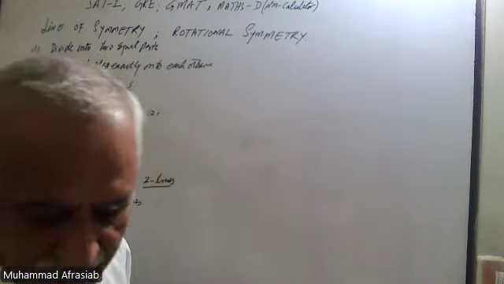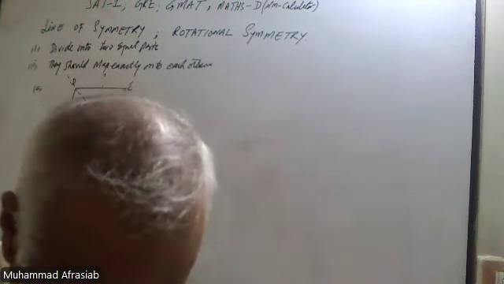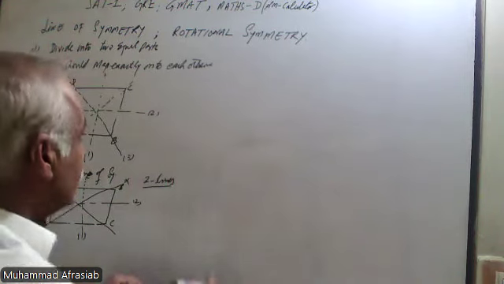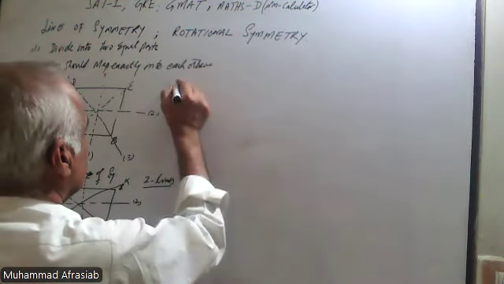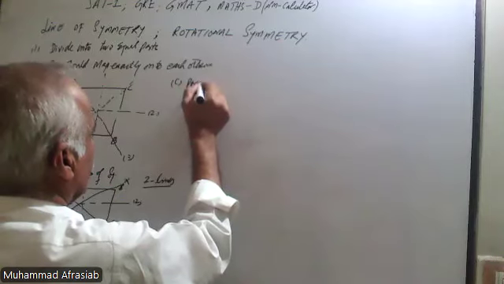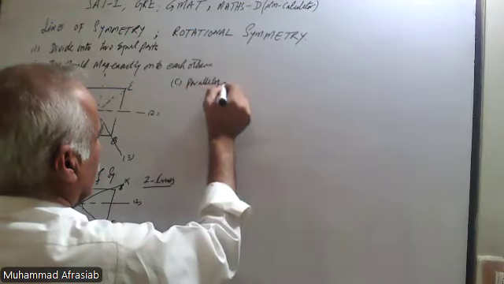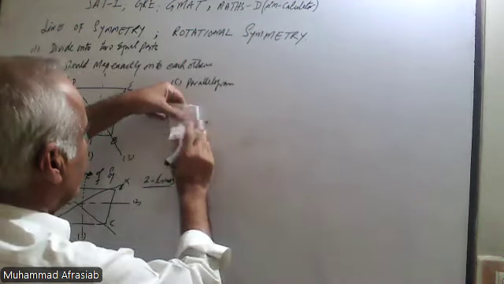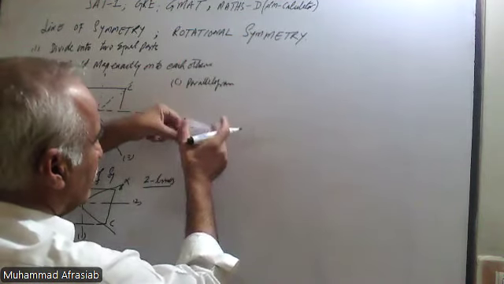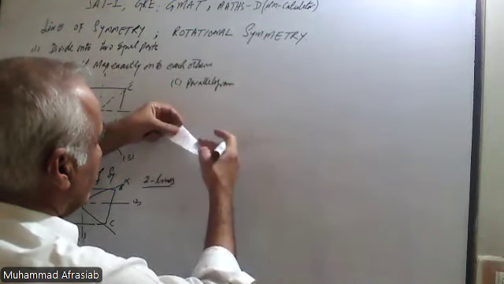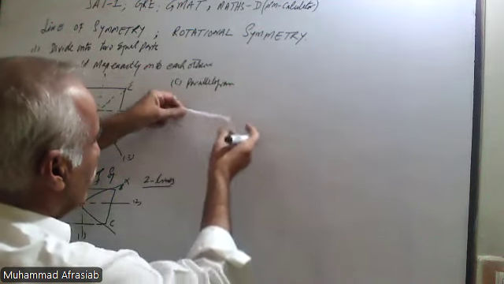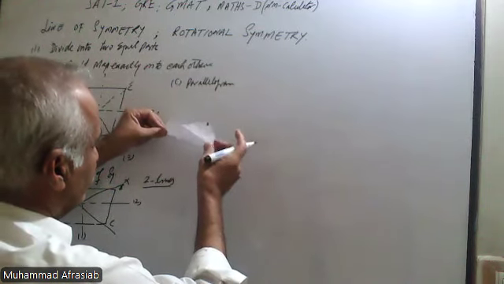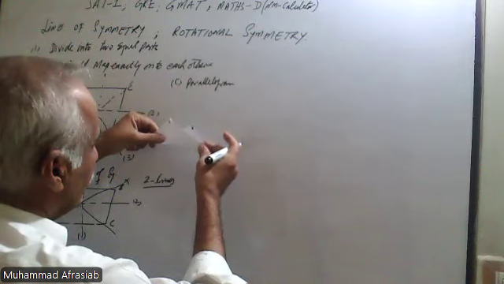Now you can take an example of this parallelogram. If you fold it about the center, they are not mapping onto each other. If you fold the other line, they are again not mapping onto each other. If you fold it through this line, that is not mapping onto each other.